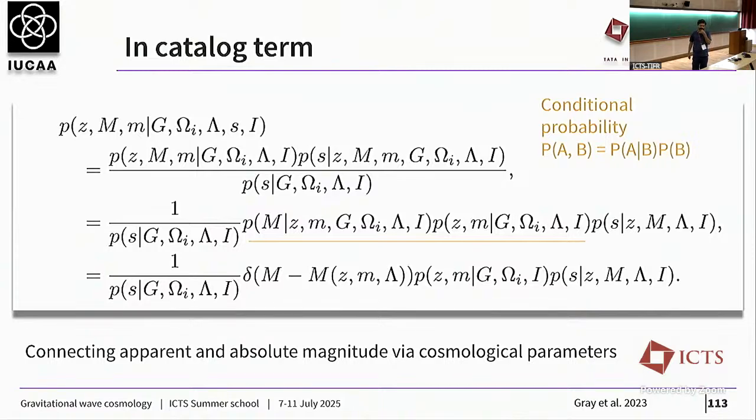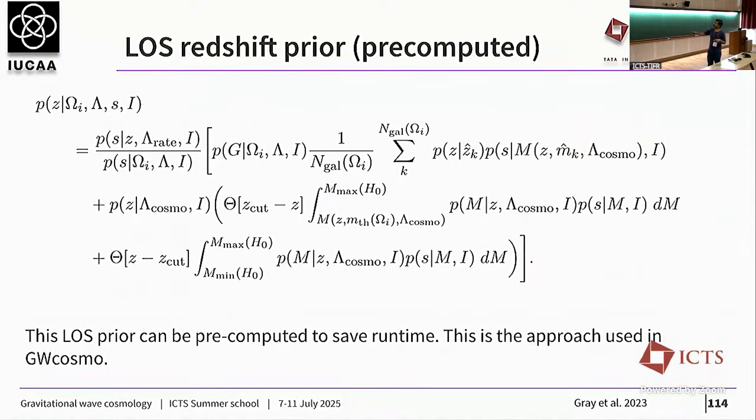Okay, so this was the redshift prior information: P of z given a direction in the sky and the cosmological parameters, etc. It turns out to be this kind of a large equation.